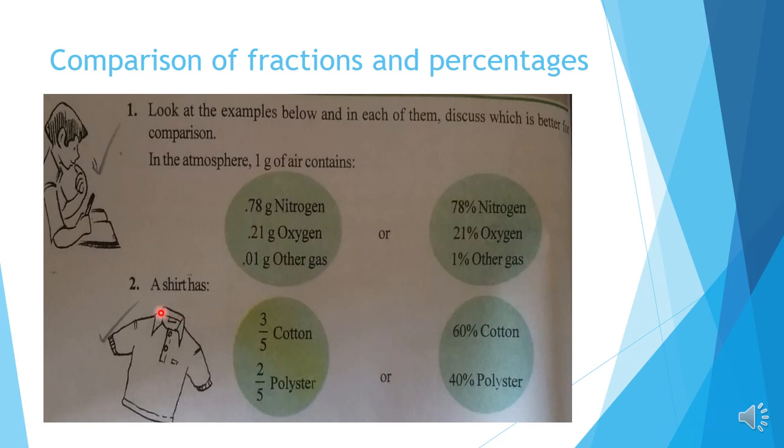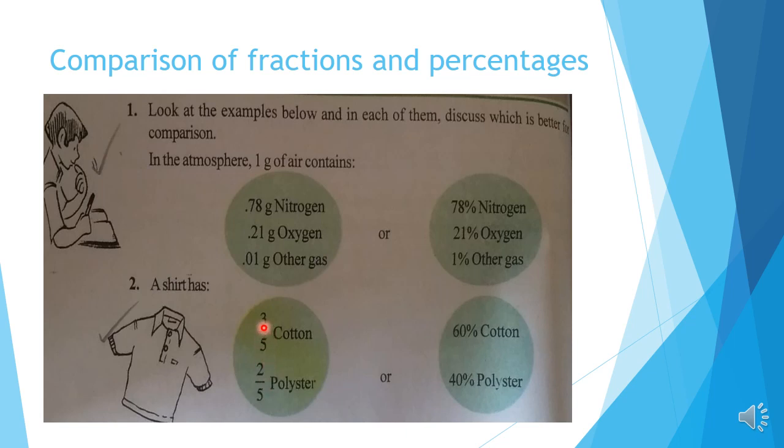And similarly, question number 2, children, a shirt has 3 by 5 cotton and 2 by 5 part is polyester. This is made of a cotton and polyester mix. And here, what is more in the making of this shirt, cotton or polyester? So it takes time for us to think 3 by 5, 2 by 5. Here we have to first see whether denominators are same or not. This denominator is same, only 5, 5. So the numerators are 3, 2. So 3 is greater than 2.